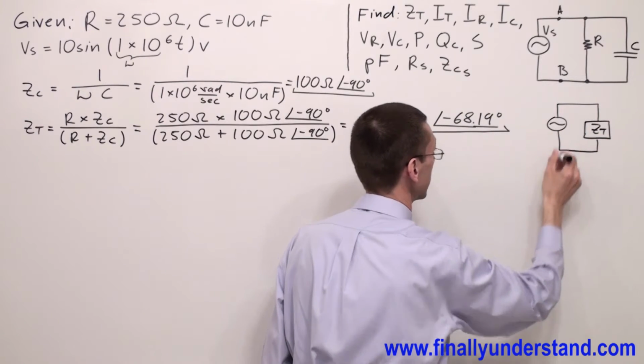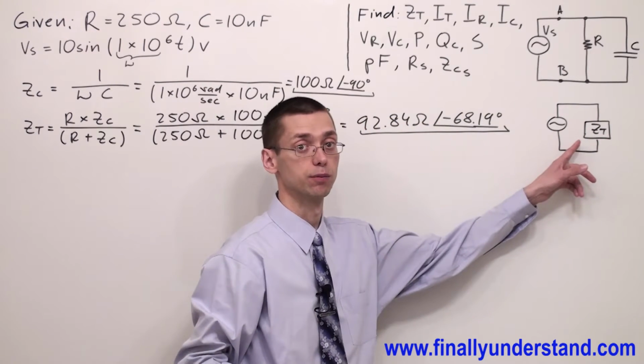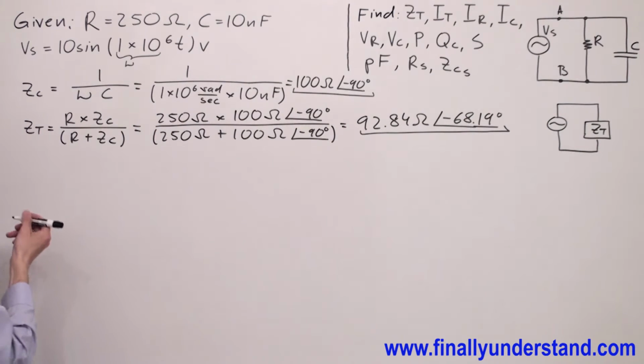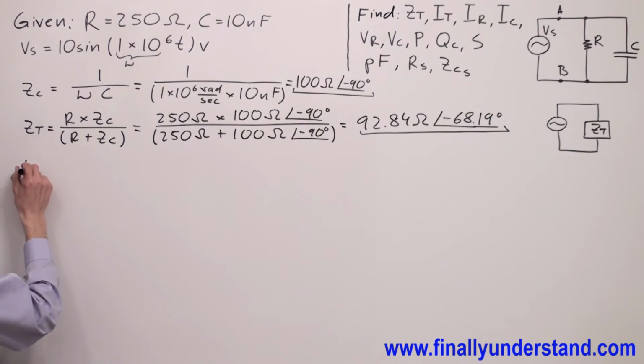Okay, so I can redraw my circuit like this right now because I found ZT. So in order to find the total current, I'm supposed to use Ohm's law.